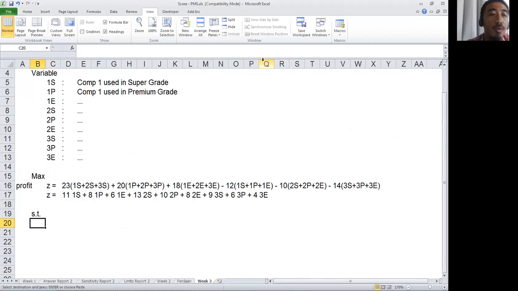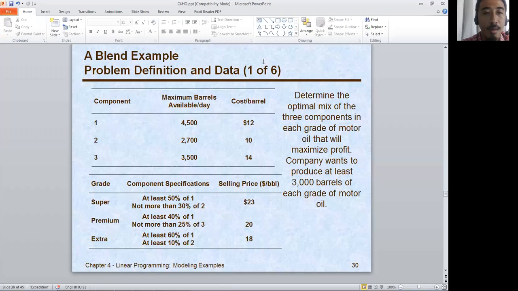Okay, then the subject to. What is the first constraint? The first limitation here? Anyone? What is limited here? What is the constraint of this case? The component barrels, the maximum barrels.